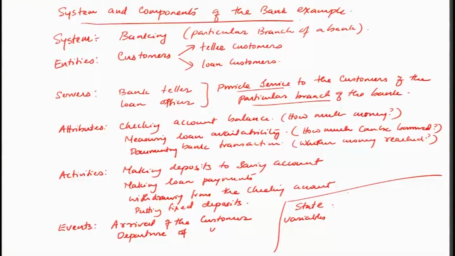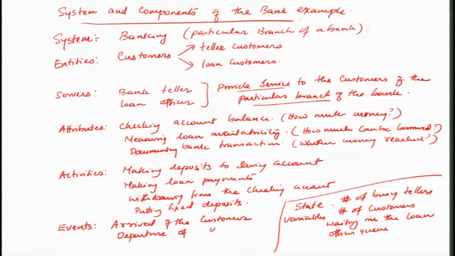That includes the number of busy tellers, how many tellers are busy, the number of customers waiting in the loan officer queue, then the average waiting time of all customers, etc. So, these are the state variables.